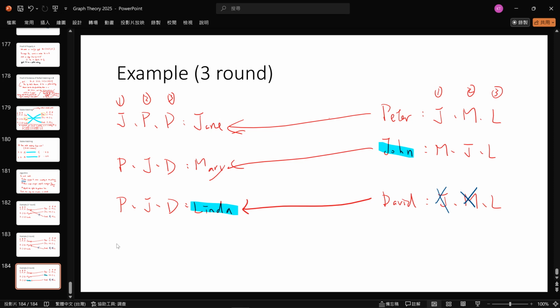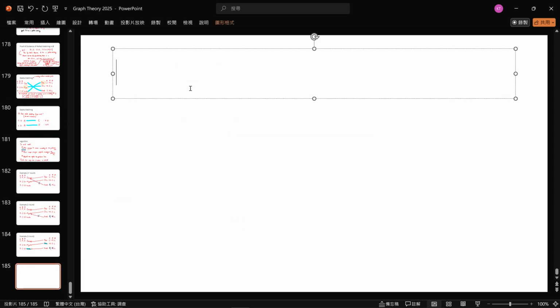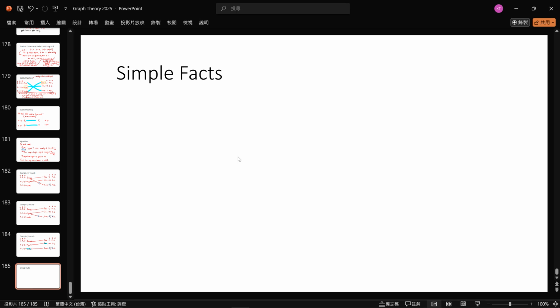So how many rounds do we need to find a stable matching or to output a matching? Okay, so before we prove these properties, I want to first give you some very simple facts.